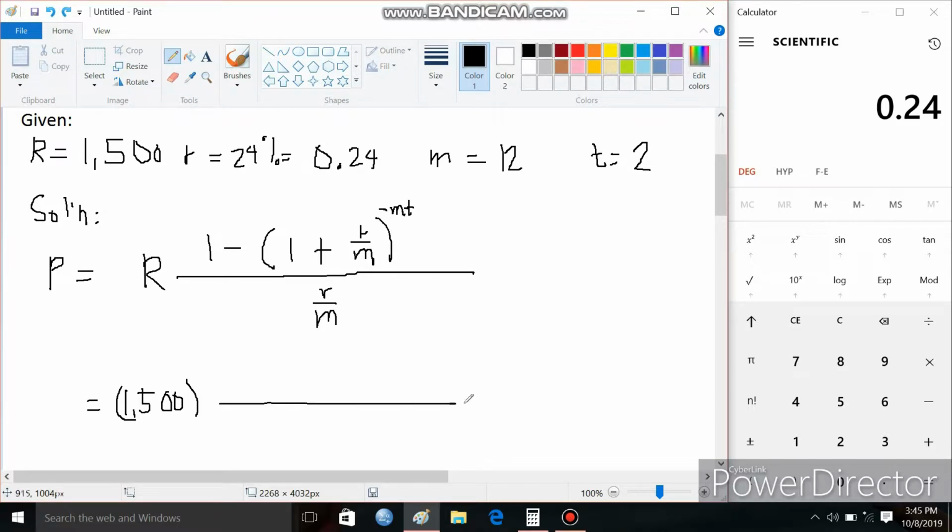Next, write 1 minus the quantity 1 plus the rate of interest, 0.24, divided by M, the mode of payment, which is 12.